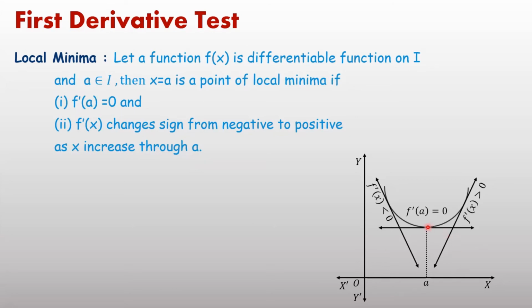Here you check. f'(a) equal to 0 means the tangent at this point is parallel to the x-axis. Now just before x equal to a, one tangent is drawn here, and here f'(x) is less than 0, because the angle is an obtuse angle.